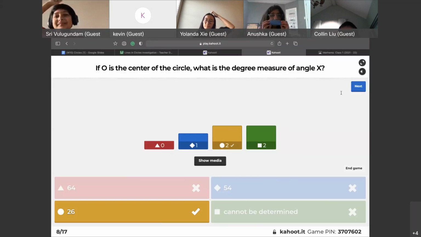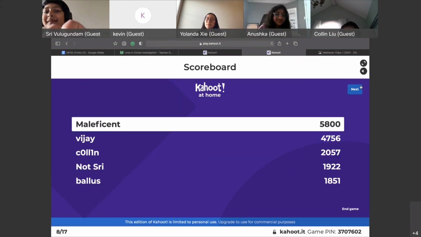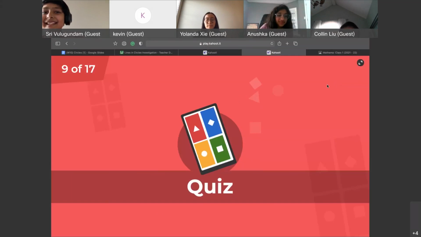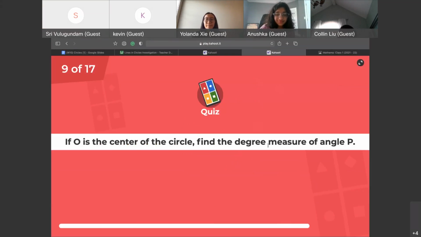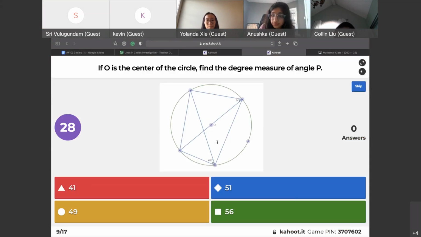Okay. Next question. If O is the center of the circle, find the degree measure of angle P. I'm big brain speed, because it is literally the same question.